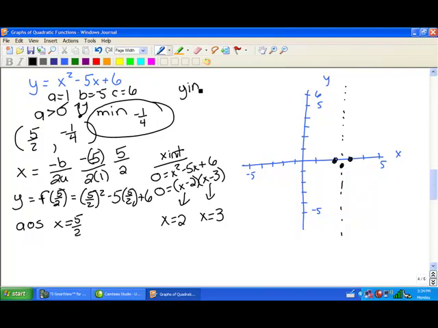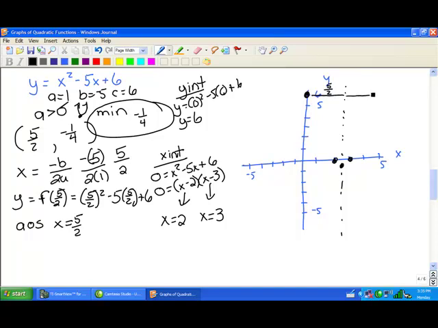To find our y-intercept, we set x equal to 0, so y equals 0 squared minus 5 times 0 plus 6, or just y equals 6. Now, if we want to mirror that point, from the y-axis to our axis of symmetry is 2.5 units.